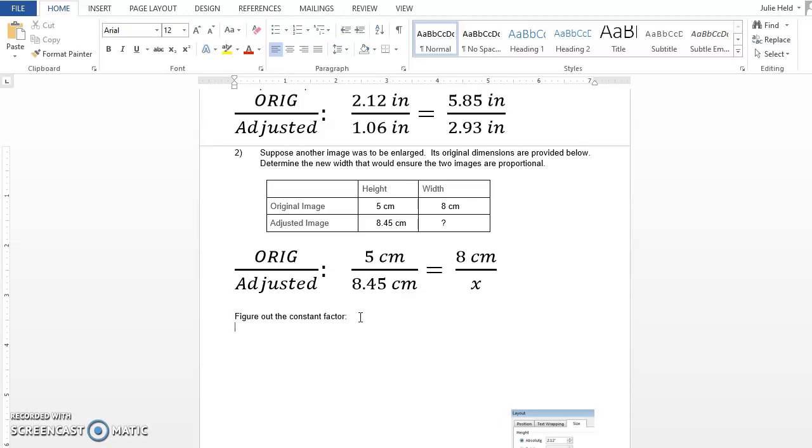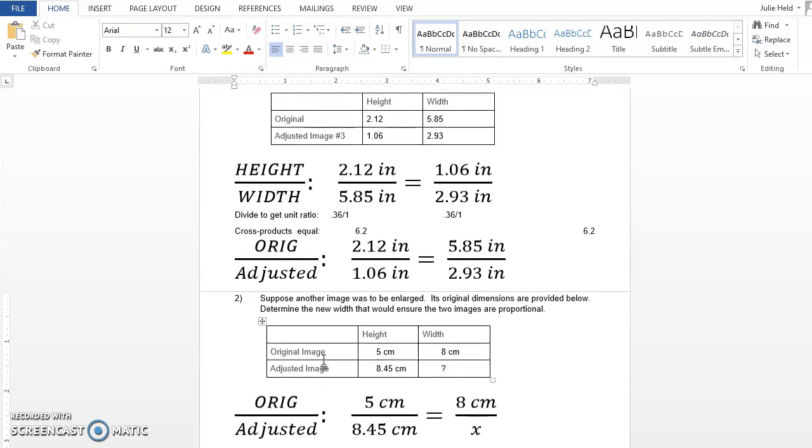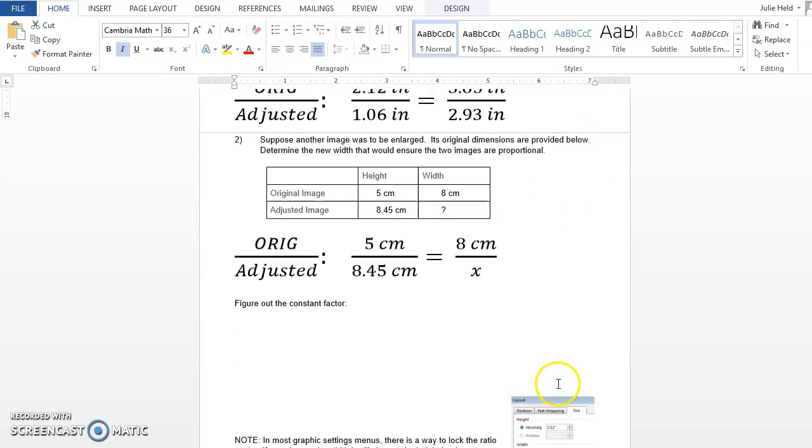That half was actually the constant multiplier. Up here, 2.12 compared to 1.06, I took half of that. So the top was multiplied by half, the bottom was multiplied by half, or you could say divided by 2.